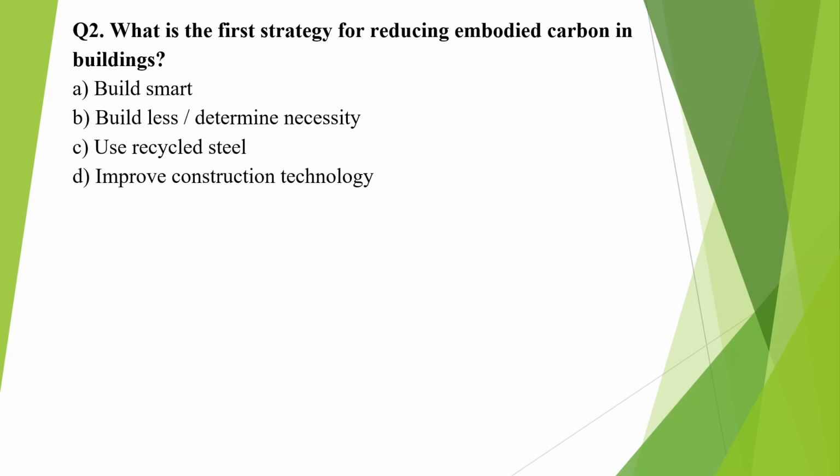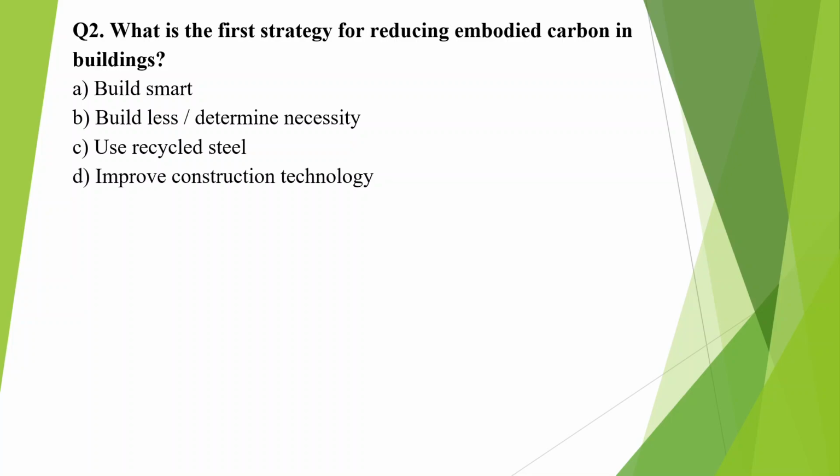Here is the second question for you all. The second question is asking, what is the first strategy for reducing embodied carbon in buildings? Before moving to the options, read the question carefully. It is asking what the first strategy is for reducing embodied carbon. So first of all, what will you be doing?